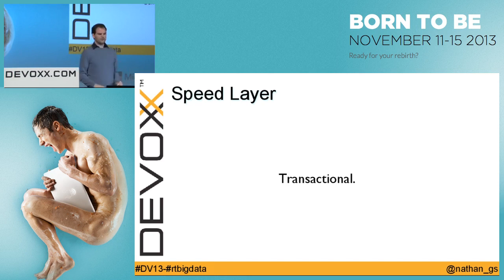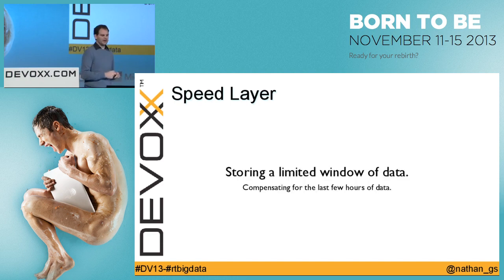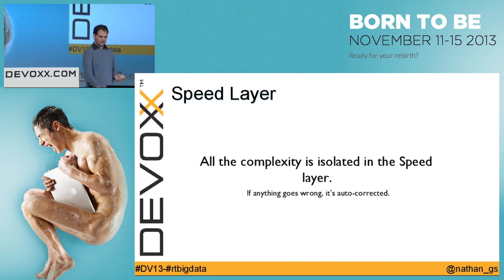Essentially, your speed layer is just storing a really limited window of your data. It's just to compensate for those last few hours of data that aren't yet ingested by your batch layer. So all the complexity of the speed layer is isolated in this part of the system. If anything goes wrong, it will be auto-corrected by our batch views.